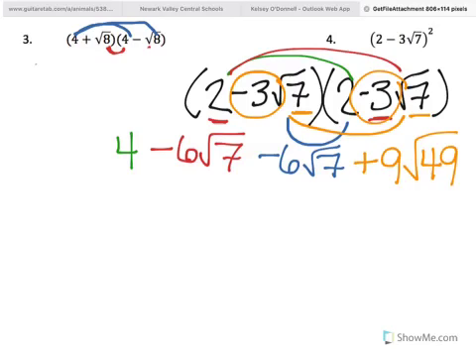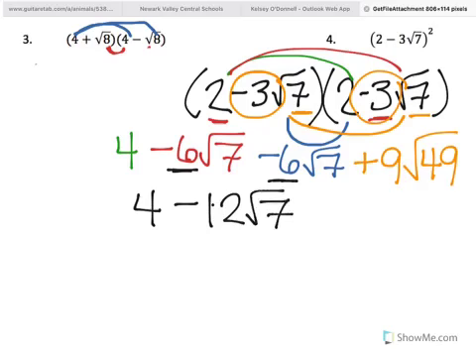Now if we combine some terms, so we have 4 minus, the negative 6 radical 7 and negative 6 radical 7 is a negative 12 radical 7. And then we have plus 9, and the square root of 49 is 7, so plus 9 times 7.